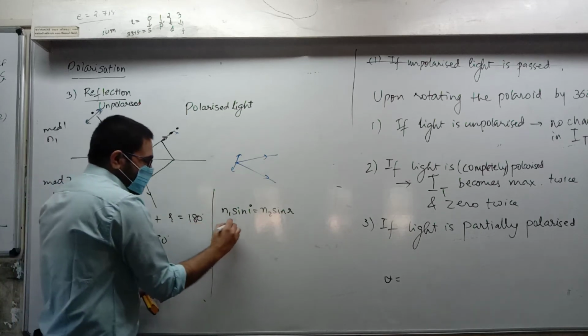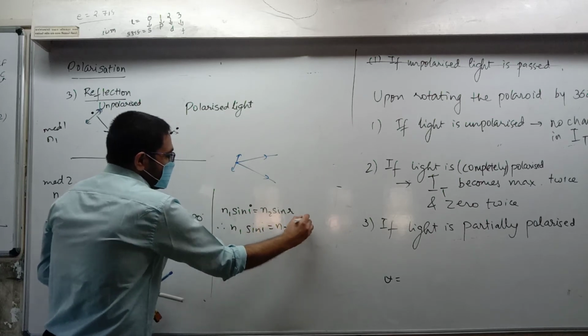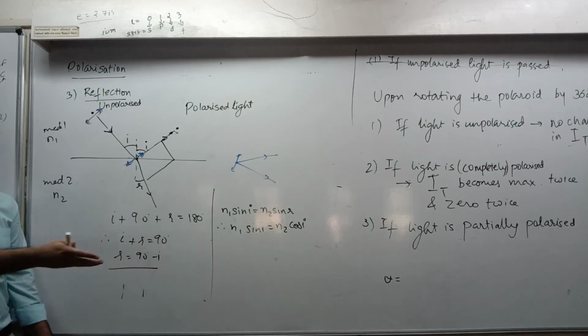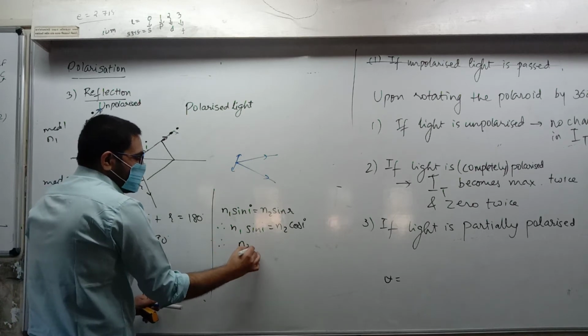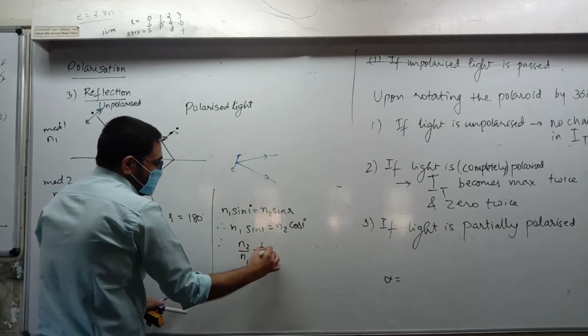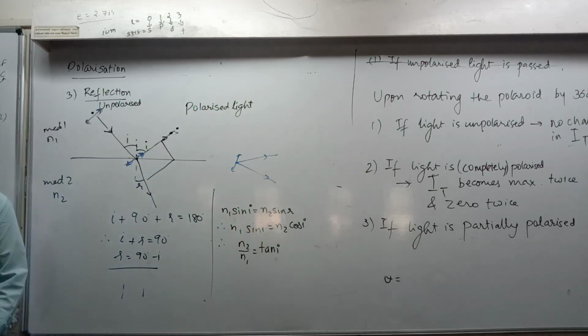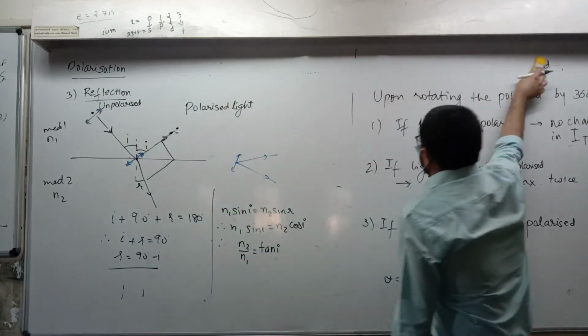So this will become, therefore, n1 sin I is equal to n2 cos I. Sin R is equal to cos I. Fine? Therefore, n2 upon n1 is equal to tan I. Okay? Right? So now let's write the law.